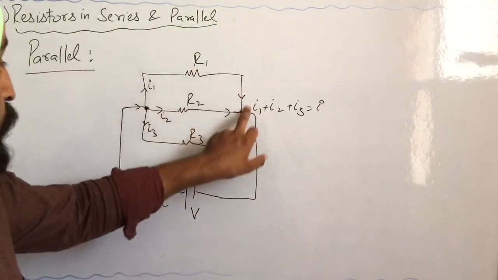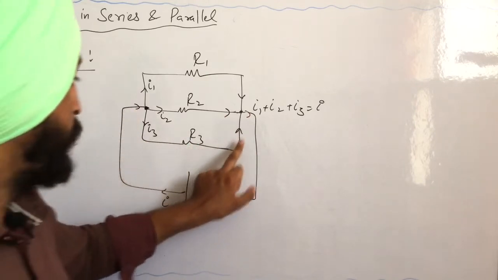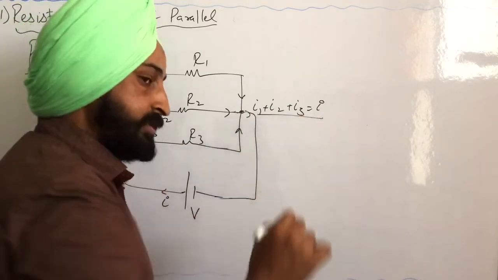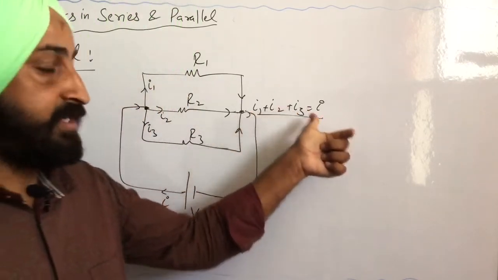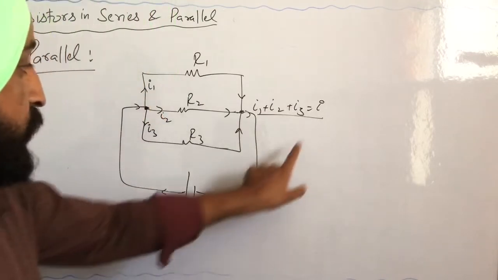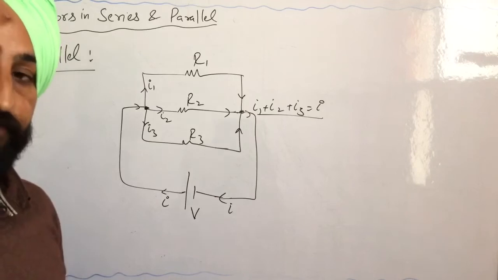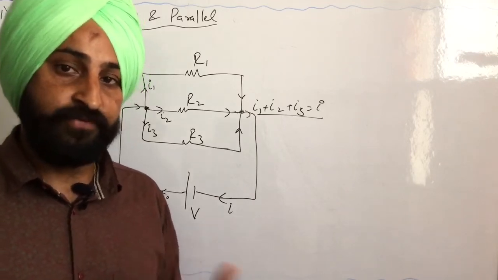I1 will come through R1, I2 through R2, and I3 through R3, and the total current at this junction would be equal to the summation of all these currents. So I1 plus I2 plus I3 would be equal to the total current, that is I.